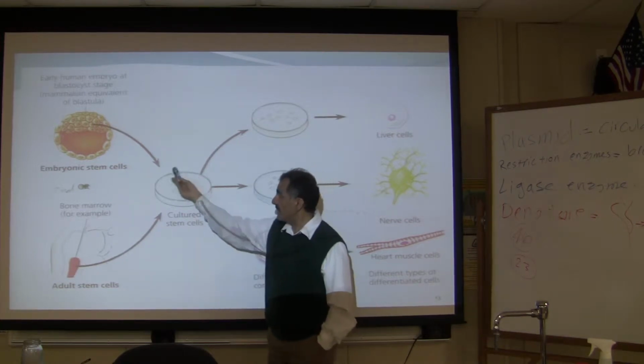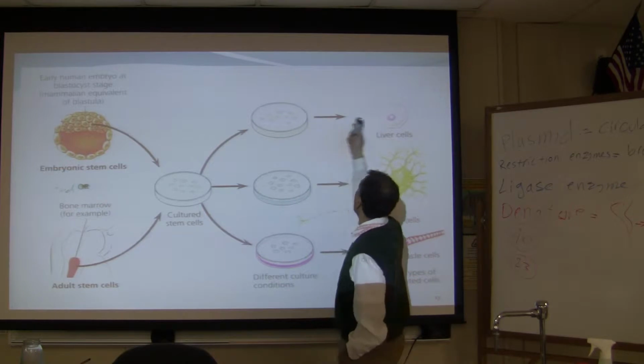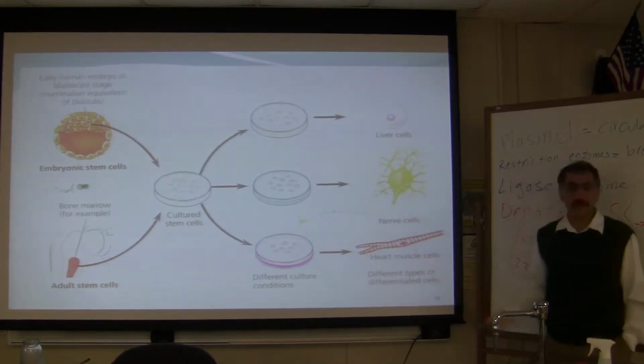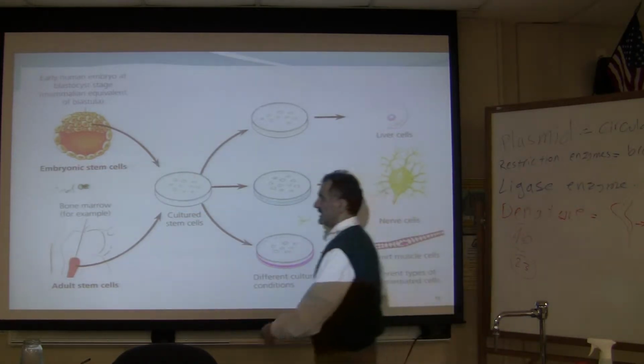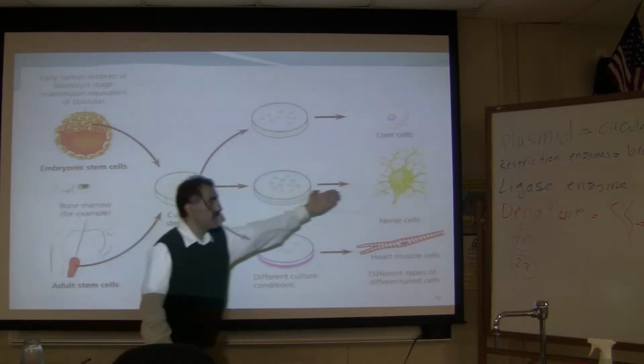You put a soup in there, and then it is possible to get liver cells, a neuron, a nerve cell, or a muscle cell, or any kind of other cell. You took a stem cell from your bone marrow, or liver, or fat cell, anywhere in the body, and then you change them to a neuron.